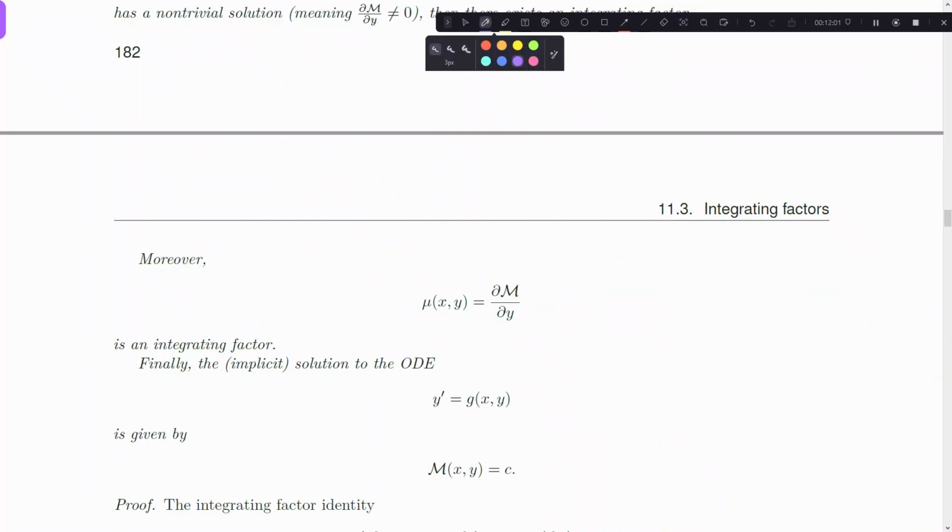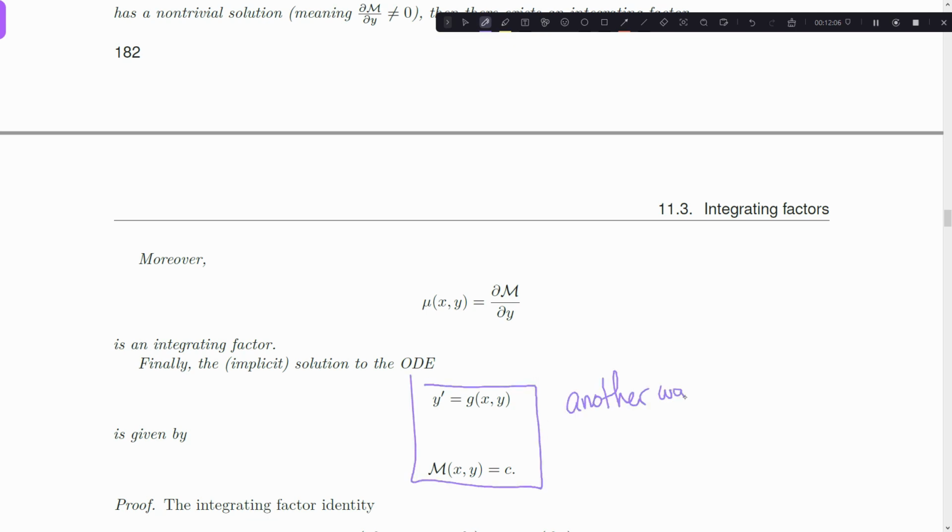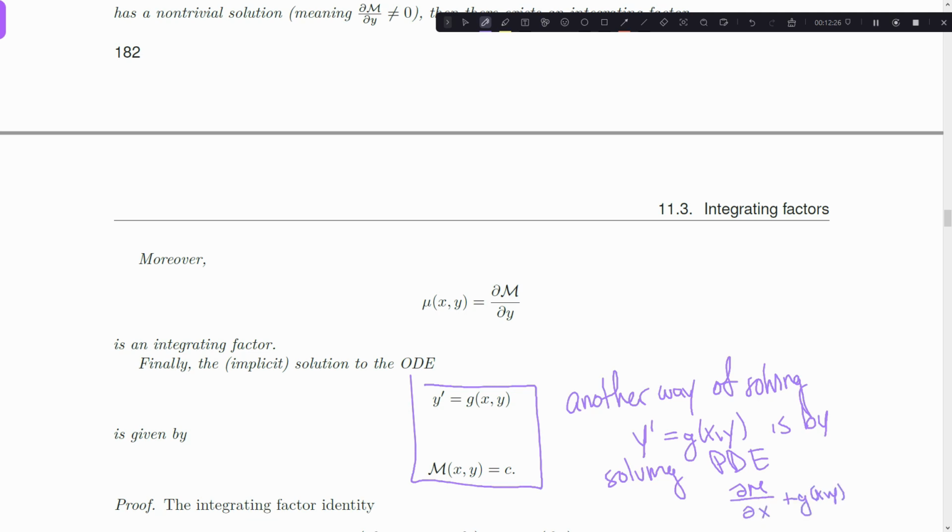So more or less, this proposition is saying another way of solving y prime equals g of xy is by solving the linear PDE, partial M partial x plus g of xy partial M partial y equals 0 for a non-trivial capital M, and then you recover your implicit solution.